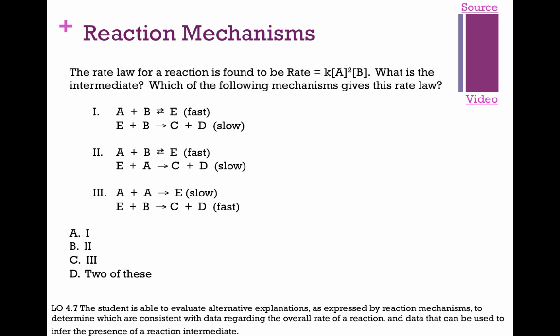No intermediates in it, so we're good. Does that match the rate law that we were given? No. Now, if you went through the algebra like in mechanism 1 for mechanism 2, it's actually similar because the fast step is the same. What you're plugging E in for is different. Because what's your rate law for your slow step in mechanism 2?